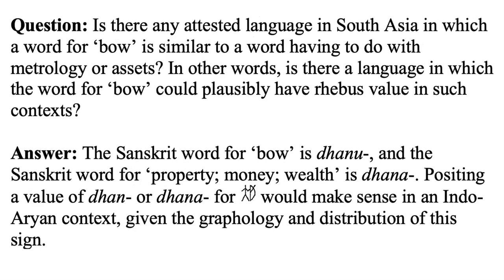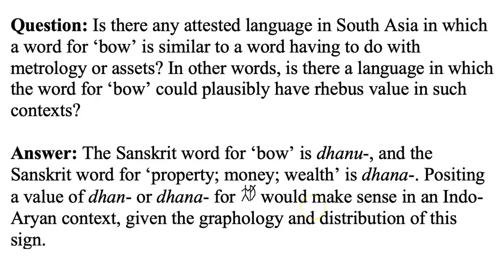So we have another question. Is there any attested language in South Asia in which a word for bow is similar to a word having to do with metrology or assets? In other words, is there a language in which the word for bow could plausibly have rebus value in such contexts? And yet again, there's an answer, and yet again, it comes from a Sanskritic source, because one of the two major words in Sanskrit for bow is dhanu, the other one being chapa.